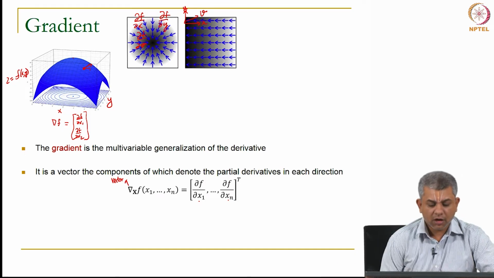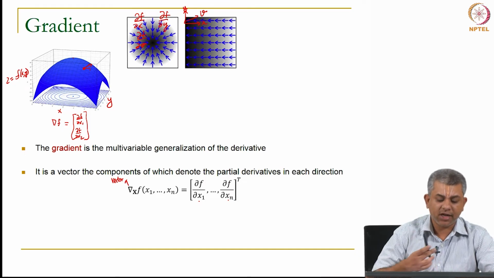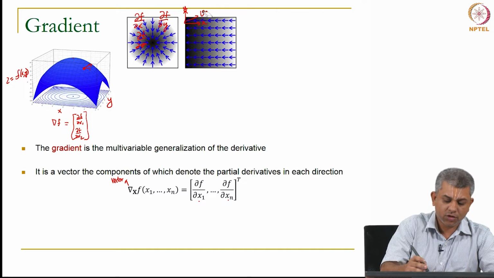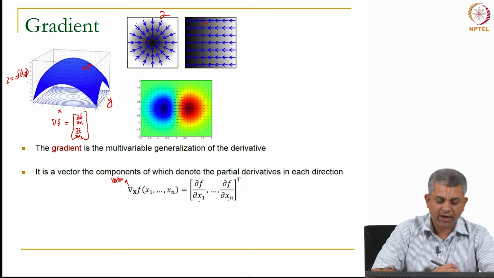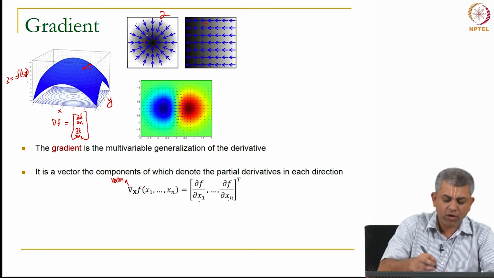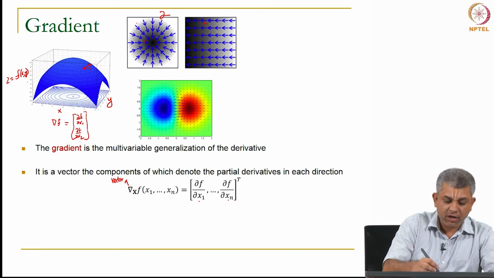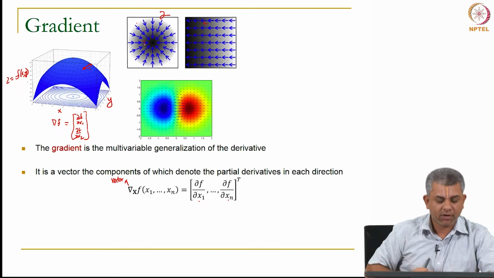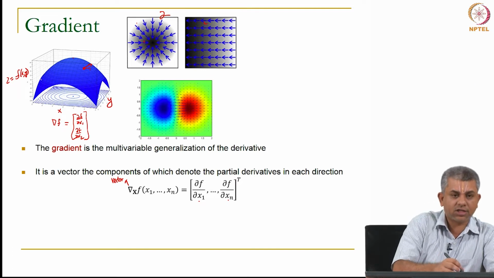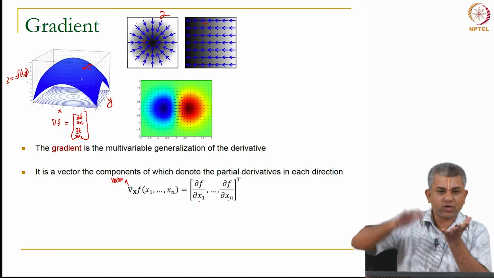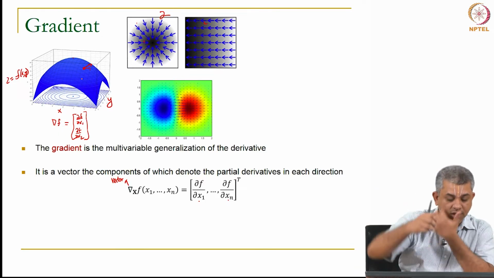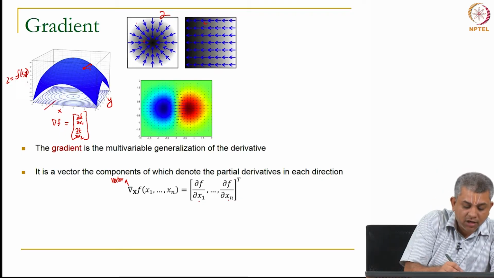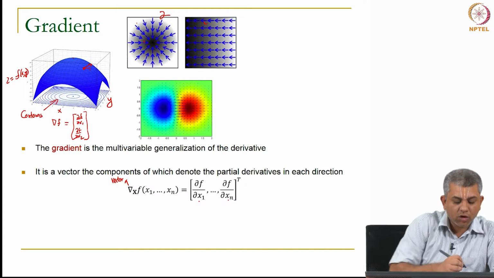Okay. Now, what does the gradient physically represent? Here are a couple of figures to clarify this idea. So, let us look at the first figure. The first figure is just showing a shading. Now, imagine this curve here is a bunch of springs and you just collapse it and you will see these projections here, which are called contours.